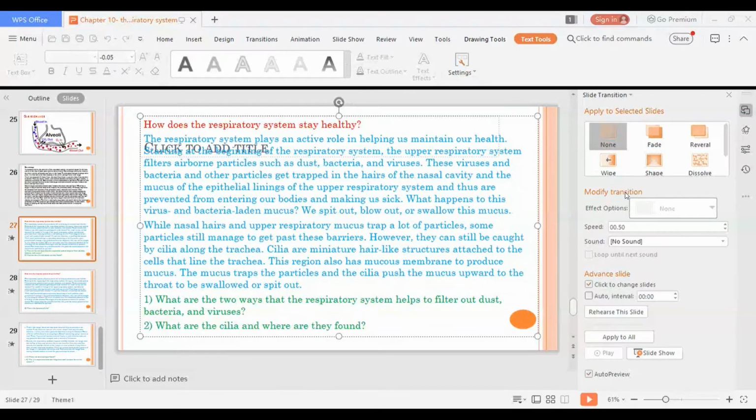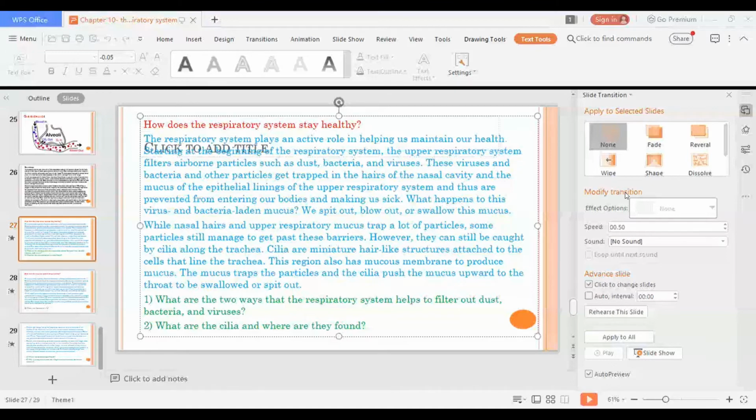Trần Đoàn Hải Ngân. Yes, I'm here. Okay, so let me show you the second paragraph. Please continue reading. Nasal hairs and upper respiratory mucus trap a lot of particles. Some particles still manage to get past these barriers. However, they can still be caught by cilia in the trachea.